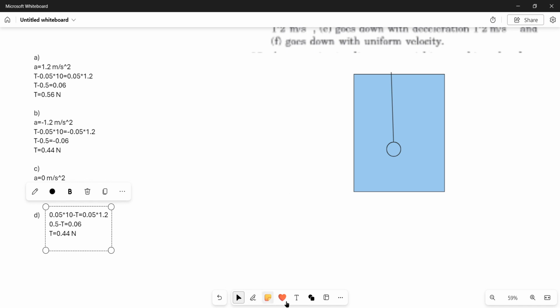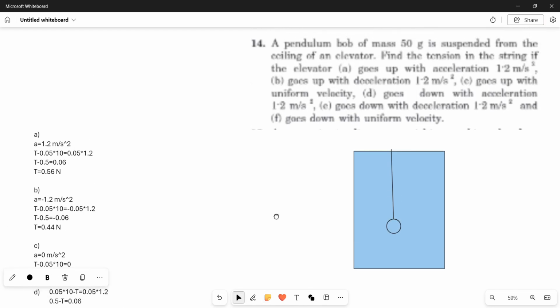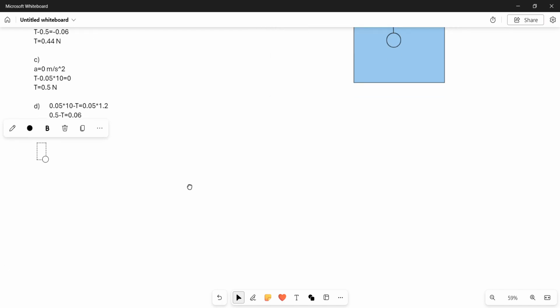After that, let's start solving part E. What does part E say? It says that it goes down with deceleration 1.2 meter per second square. So deceleration is 1.2 meter per second square, so acceleration a is equal to minus 1.2 meter per second square.